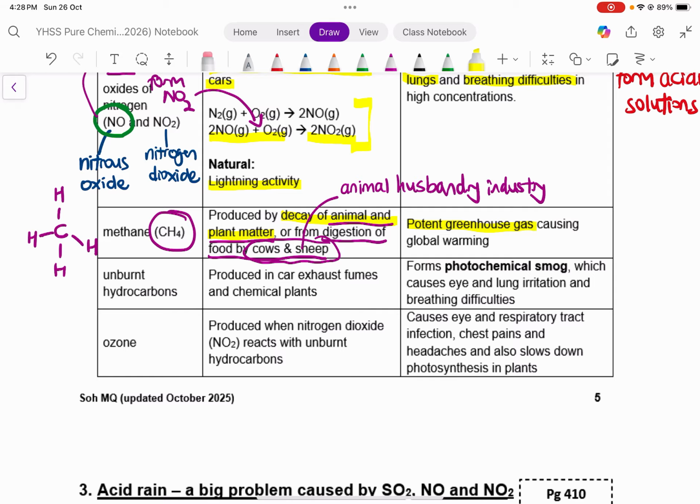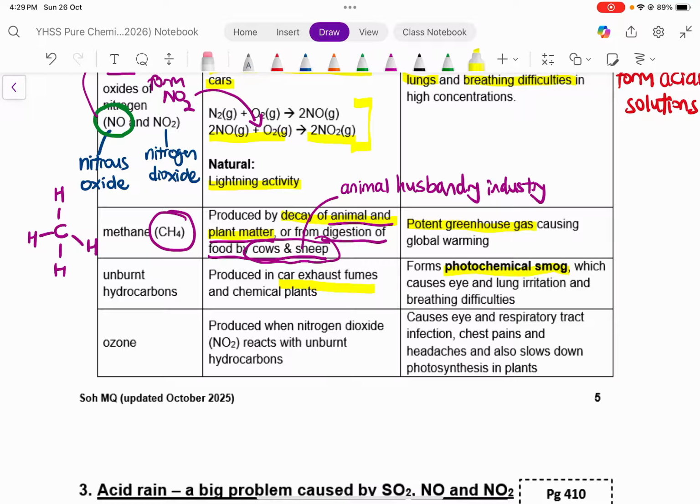Next, we have unburnt hydrocarbons. Now, unburnt hydrocarbons come from your car exhaust fumes in particular. So car exhaust fumes contain a lot of unburnt hydrocarbons. So these are basically the remnants of the petrol which are not burnt. Now unburnt hydrocarbons, when they are expelled through the car exhaust, form photochemical smog.